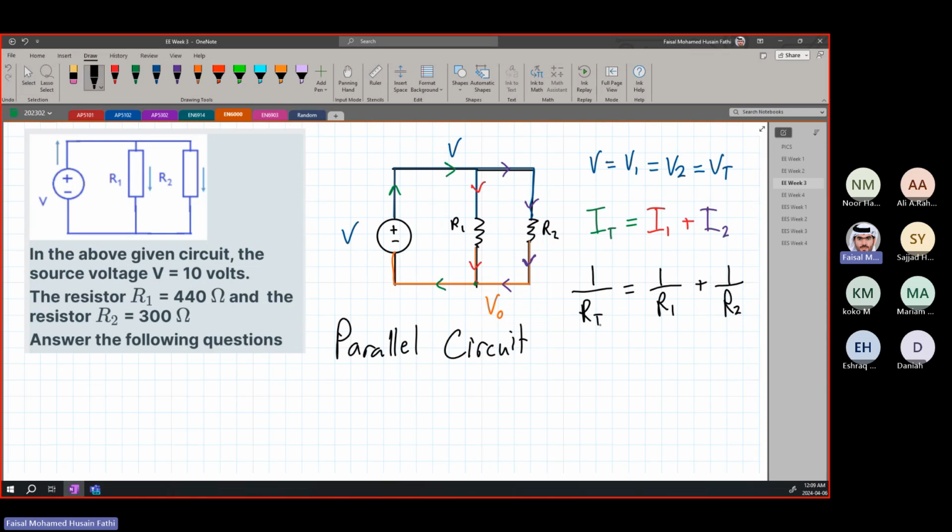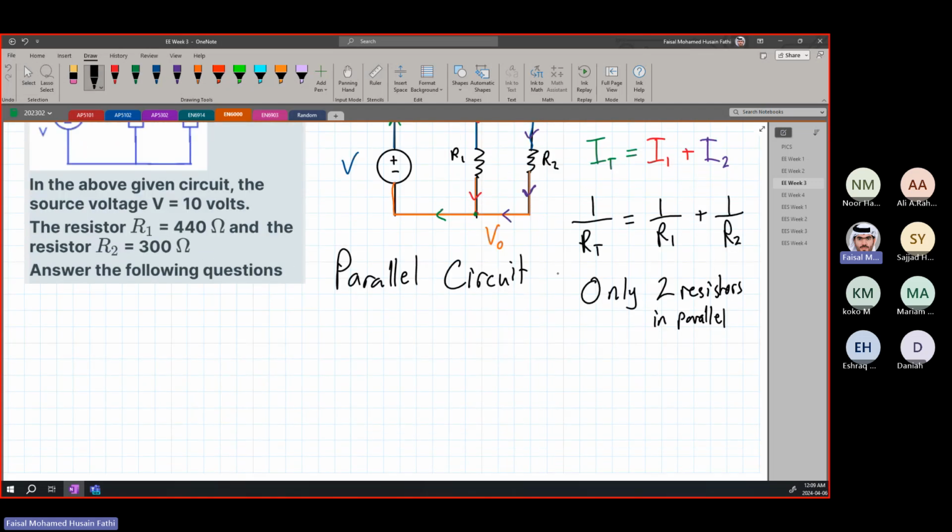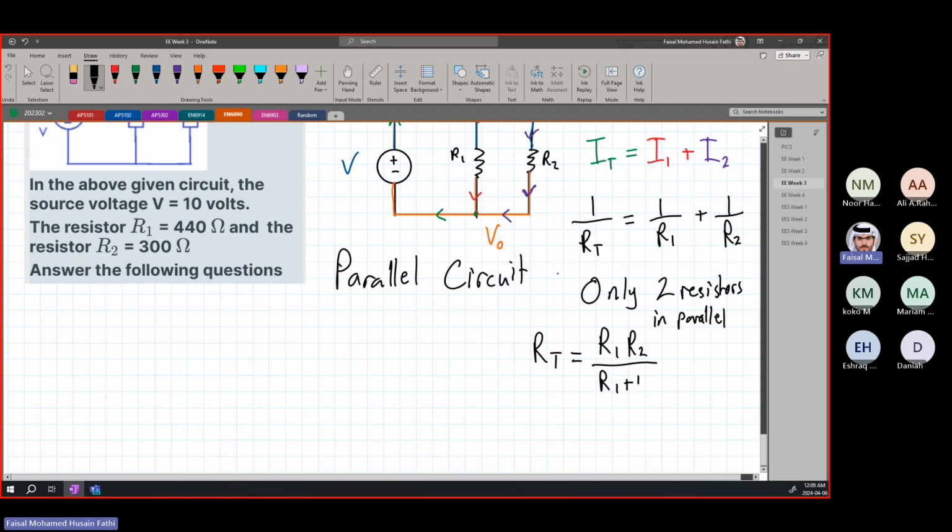If you have only two resistors in parallel, this is very important, and you want to calculate them, you can simplify this equation: R total is going to be equal to R1 times R2 over R1 plus R2.